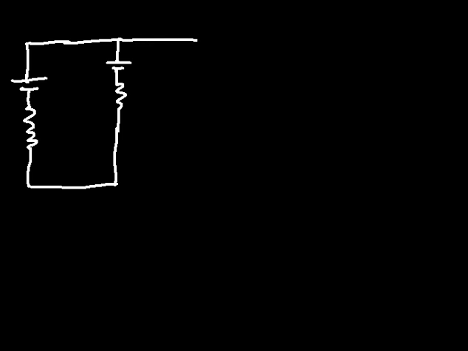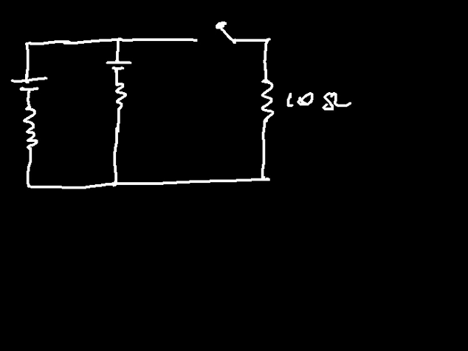And we have a switch somewhere here, and another resistor here. Let's say this is a 10 ohm resistor, this is a 7 ohm resistor, and this is an 8 ohm resistor.